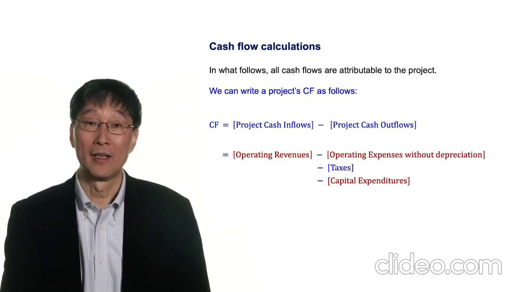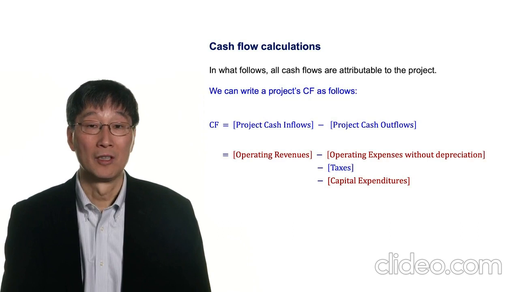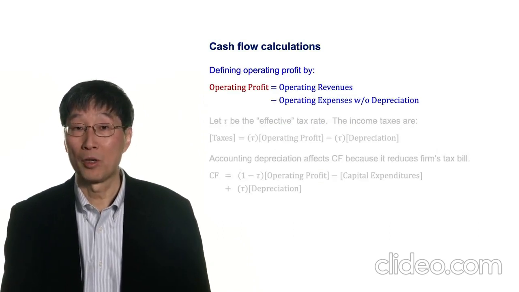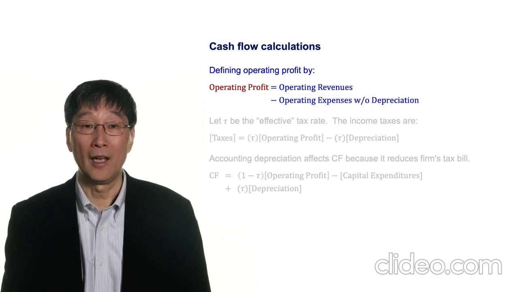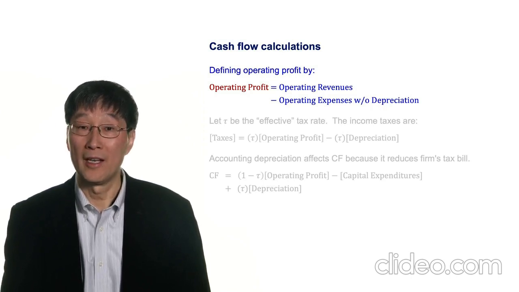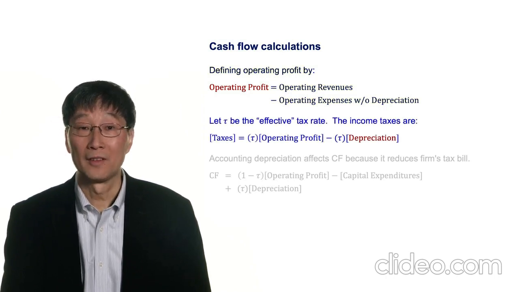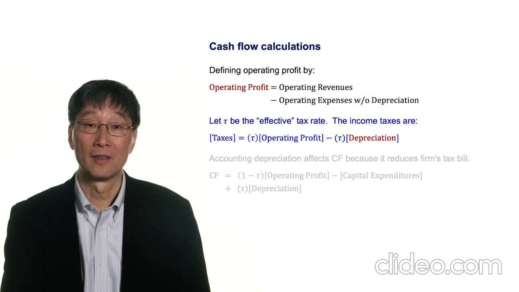We can also rewrite a project's cash flow in a slightly different way. First, we define the project's operating profit as its operating revenue net of operating expenses without depreciation again. Next, we consider taxes. Let the project's effective tax rate be tau.